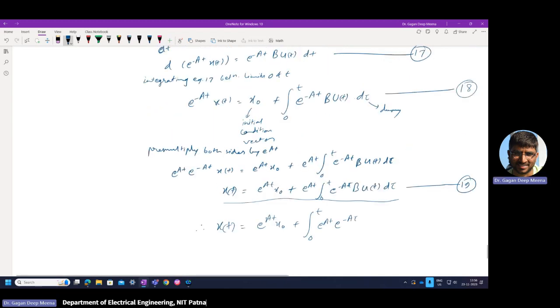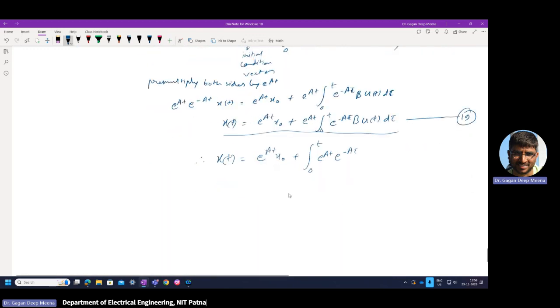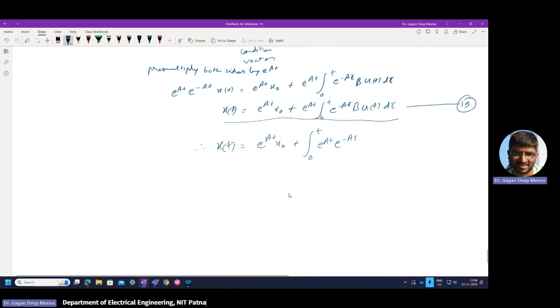Have I written t? Yeah. So this would be your tau everywhere. Pardon me for this mistake. Okay. So from here, we'll write b u of tau. Yeah, this is also tau. This all would be tau inside the integral d tau. Okay.